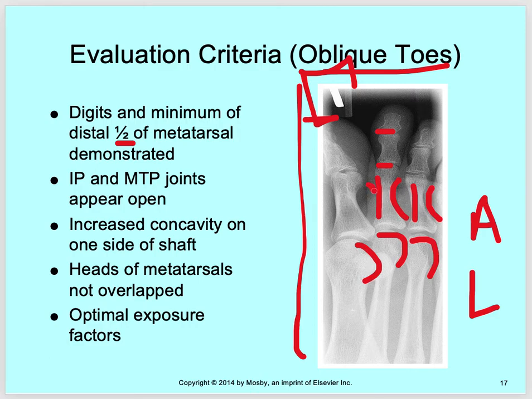The more concave this line looks, the more... I think I said that wrong. The straighter this line appears, the more lateral it's becoming. The more concave both of these become, the more anterior that foot is positioned.